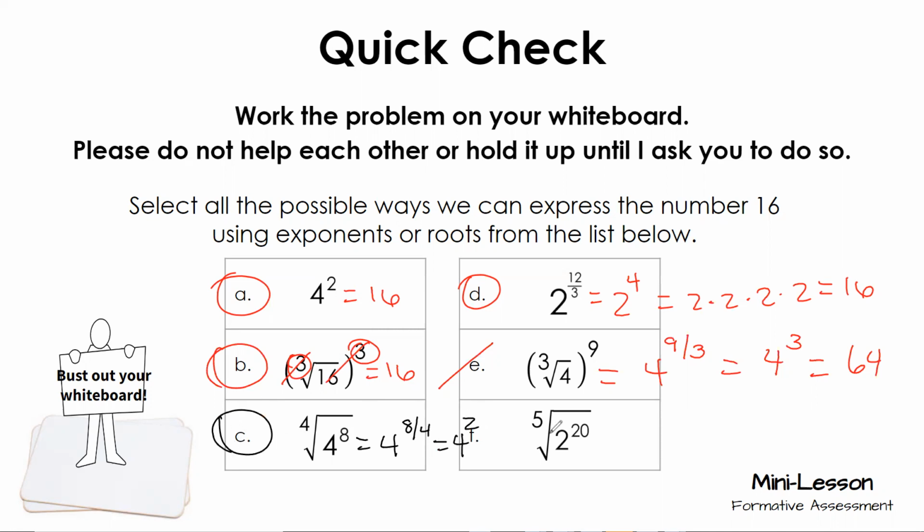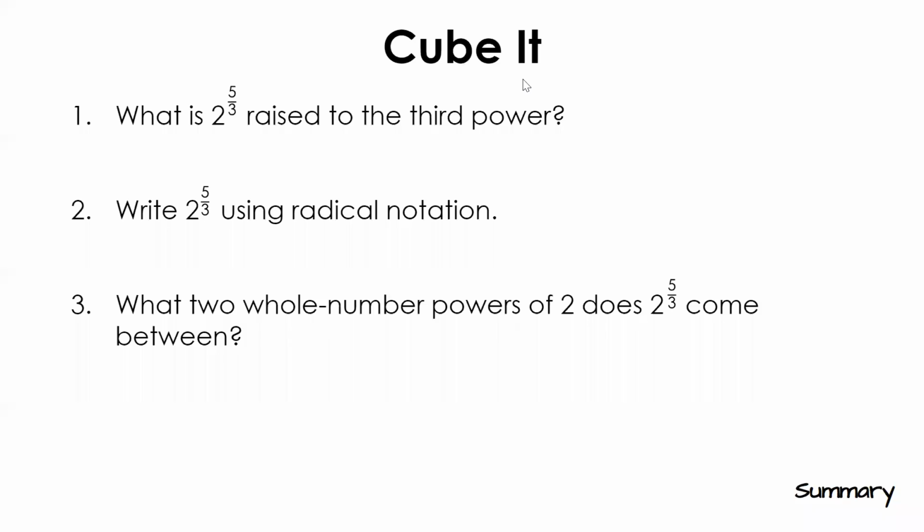So it does work. And on the last one, we can rewrite this as 2 raised to the 20 divided by 5, which can be simplified to 2 to the 4th, which is going to give us 16. So everything works except E.